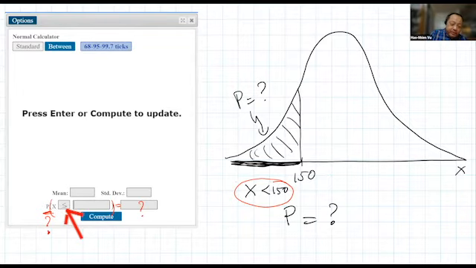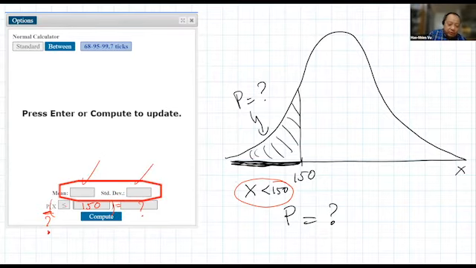This is a drop-down menu, and it's already on less than or equal to. And because normal distribution is a continuous distribution, it doesn't matter if we use less than or less than or equal. But we do know that this number here is 150, so we're going to fill in 150. And then we know the mean is 152 and the standard deviation is 0.9.